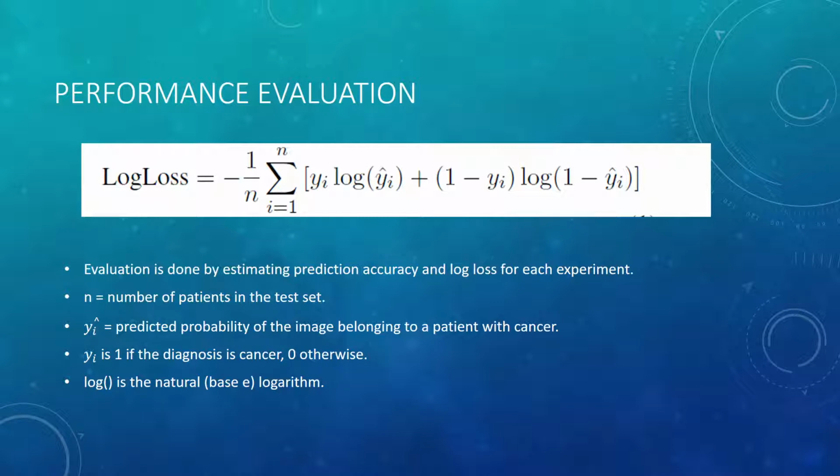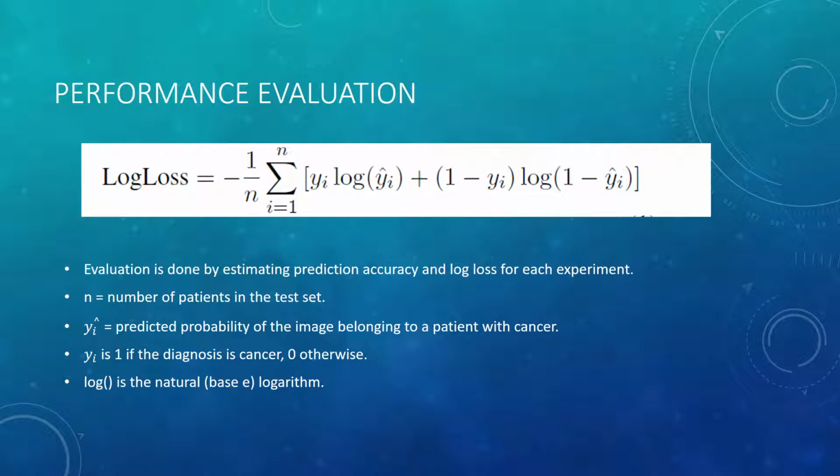We have done the performance evaluation by calculating the prediction accuracy based on the models that we've trained for each of the experiments, and also by calculating the log loss based on the probabilities that the models give us for each of the experiments.